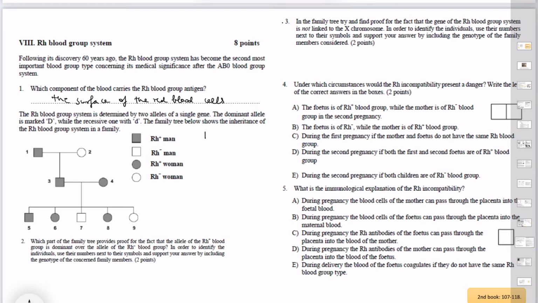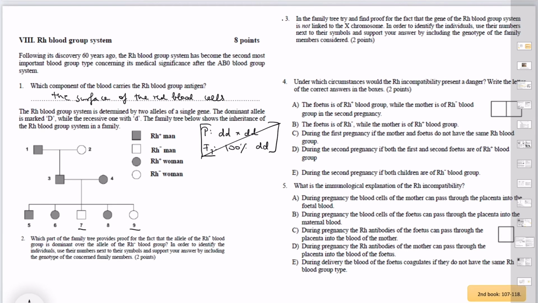If the parents, so the Rh positive parents, would be recessive, it would mean that all of their offsprings would be Rh positive as well. And that's not the case, as we see that we have two Rh negative children. So this condition is not working. Therefore, we can state that these parents are going to be heterozygous for the trait. And this is the only possibility how actually these offsprings can be present in this family tree.